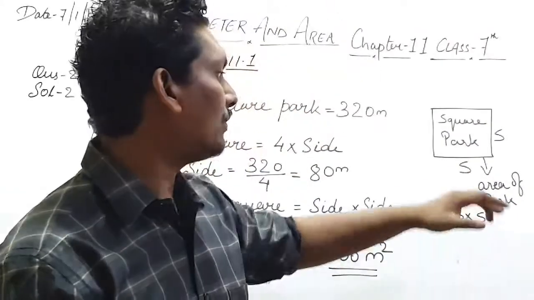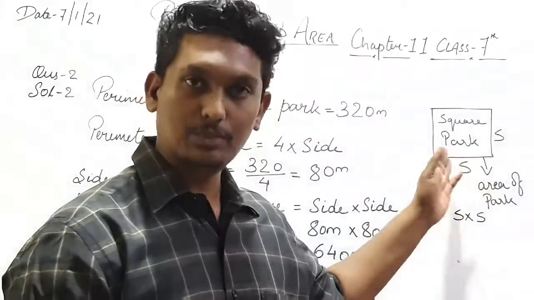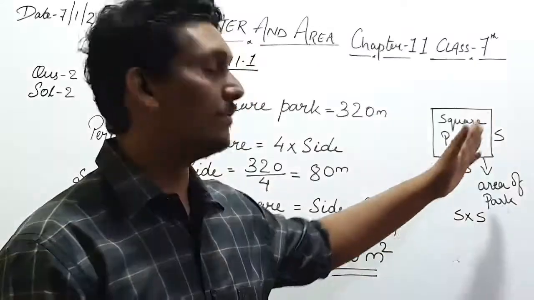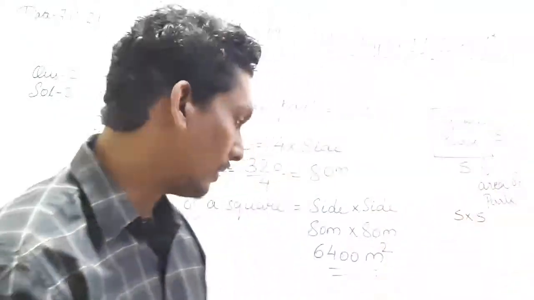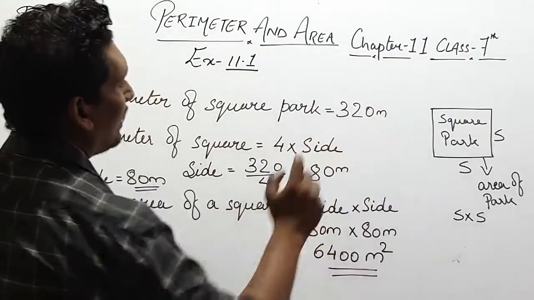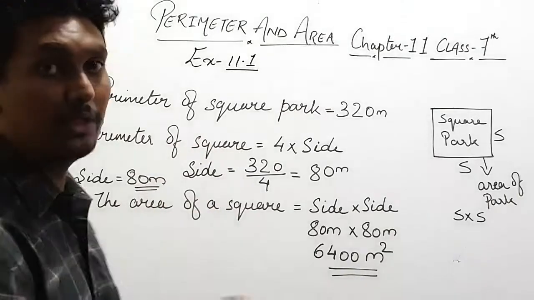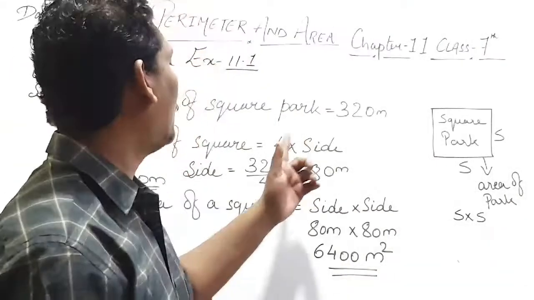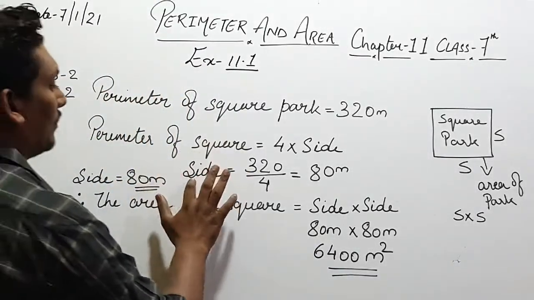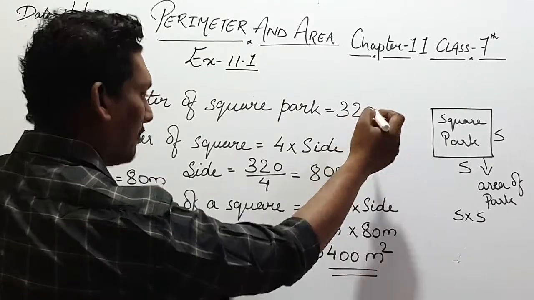First of all we are going to find one side of this square park. With the help of that one side, we will find the area. How? See, the perimeter of the square park is already given, that is 320 meter. The formula for the perimeter of a square is 4 into side. Now 4 into side is already given, that is 320 meter.